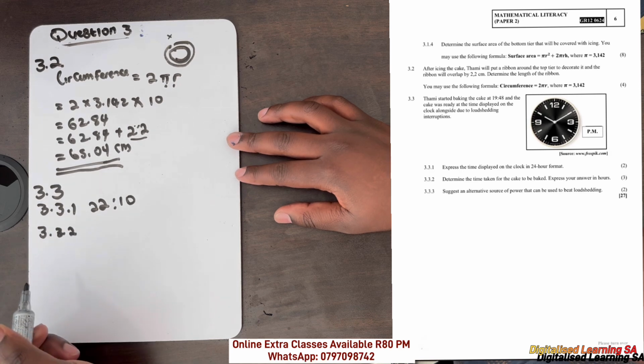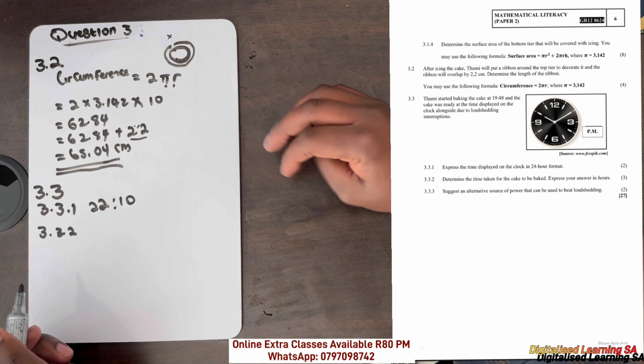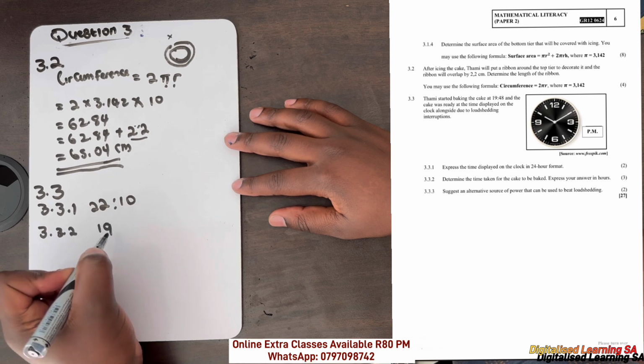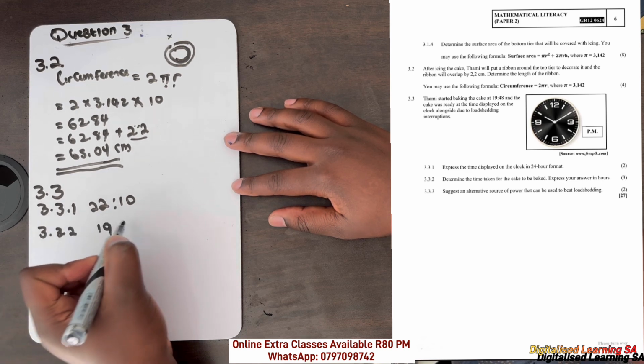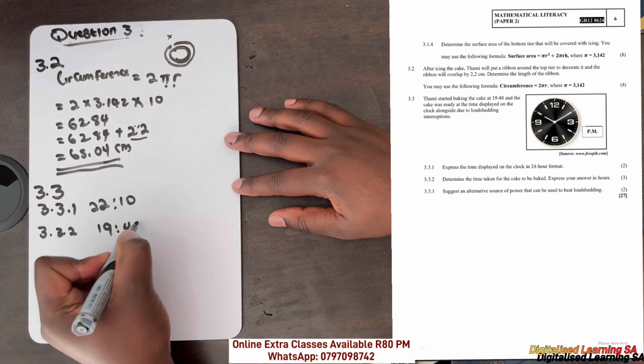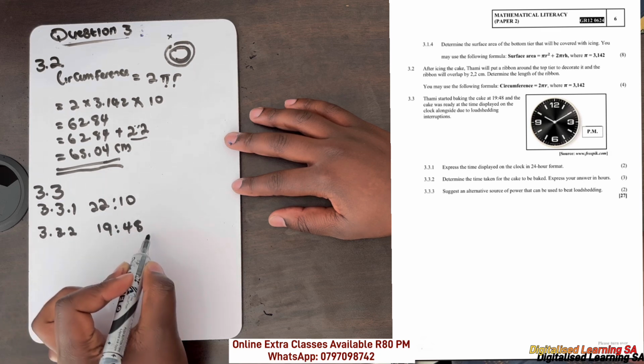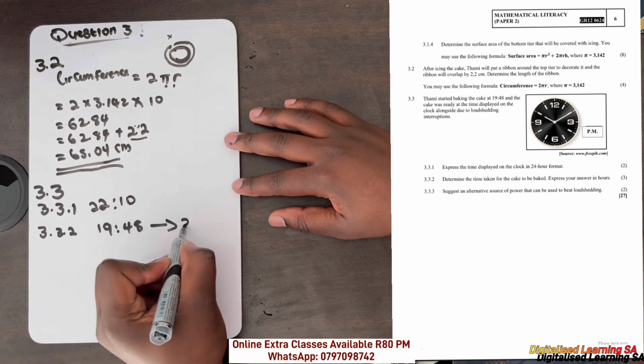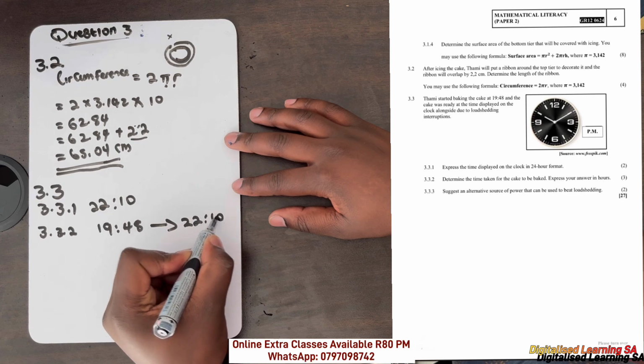Question 3.3.2 says, determine the time taken for the cake to be baked. Express your answer in hours. So we are told that Tammy started baking at 12 minutes to 8 and finished at 10 past 10.